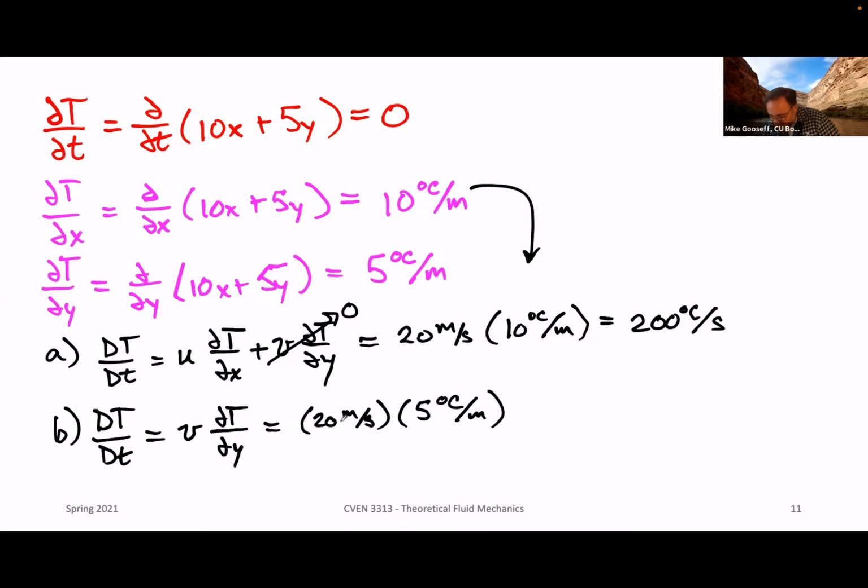The meters will cancel. We end up with 100 degrees C per second. So those are our solutions there. Any questions on that before we keep going?